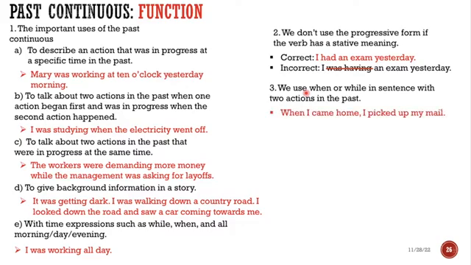You can see an example: "When I came home, I picked up my mail." "When I came home" is the dependent clause or subordinate clause, and "I picked up my mail" is the independent clause or main clause. The whole sentence is a complex sentence.